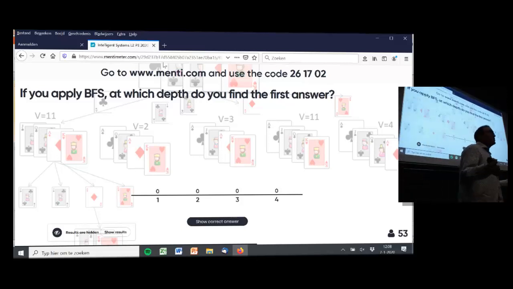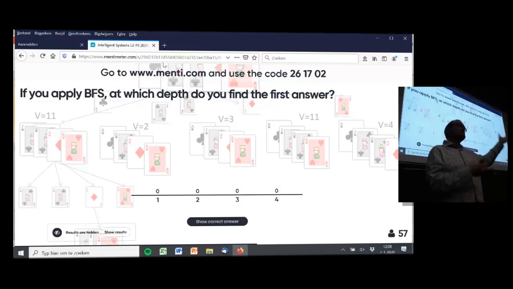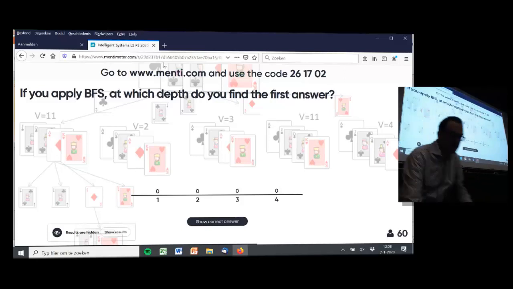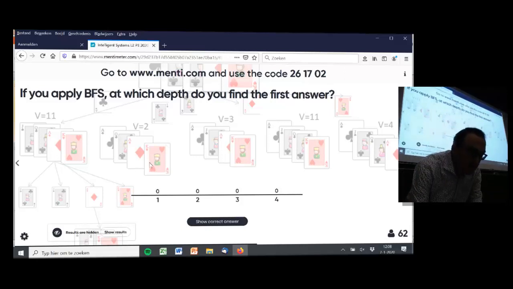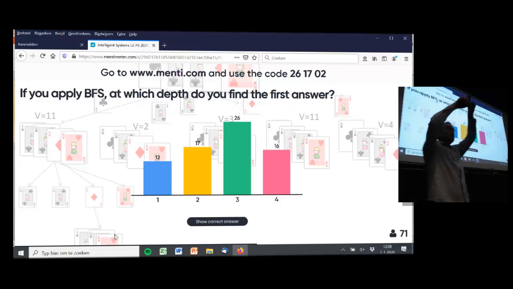To be honest with you, I realize that the question is ambiguous because you might start with 0, or you might start with 1. So let's stop here and show the results, because that might be the reason for the confusion. The idea is, in any case, that you explore the search level by level.